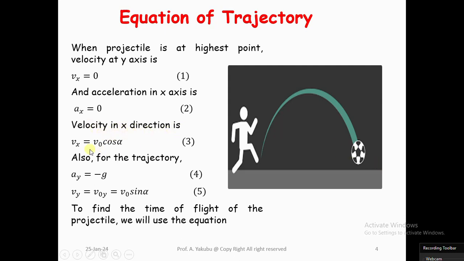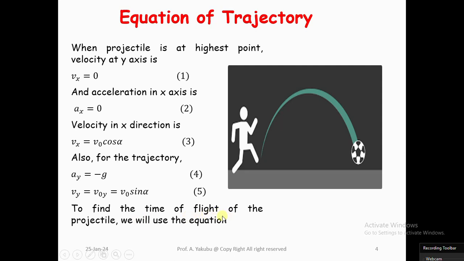So the velocity in the x direction is vx, v0 cos alpha. Remember, this is resolving the components in the x-axis and y-axis. For the x-axis we take cos alpha, so v0 cos alpha, the initial velocity times cos alpha, where alpha is the angle it makes with the projection. And for the trajectory, the acceleration is minus g, acceleration due to gravity, while the velocity with respect to the vertical component, which is v0y, the initial velocity in the y direction, is v0 sine alpha.